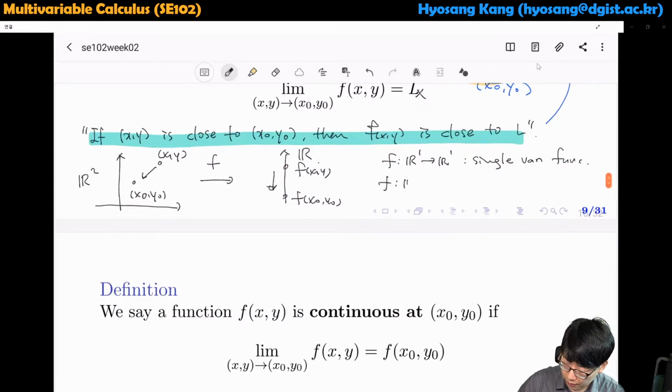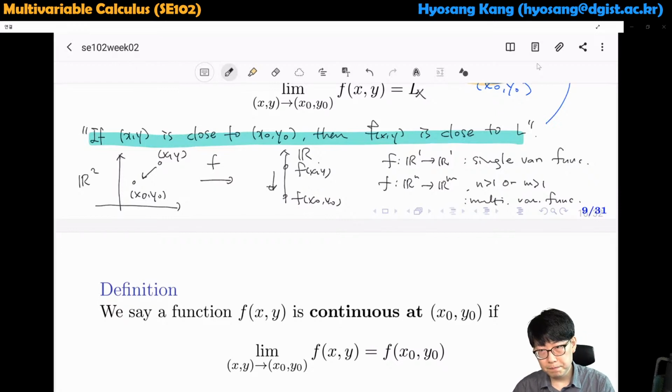But if you have a function from Rn to Rm, where n is bigger than 1 or m is bigger than 1, then this is called a multivariable function. Even though the parametric function is defined on a one-dimensional space, it has two or more dependent variables, so we don't call that a single variable function. It's a multivariable function. But if you separate out the coordinate functions of the parametric function, they are single variable functions.